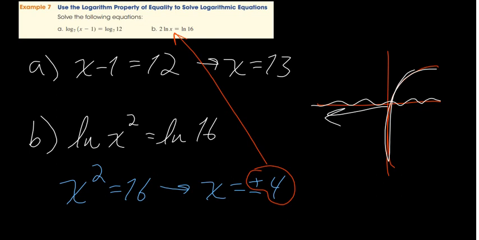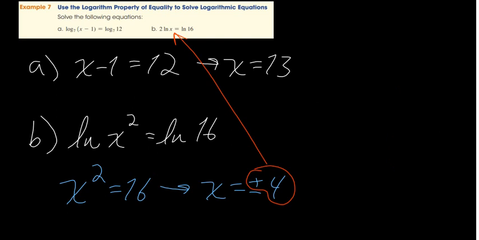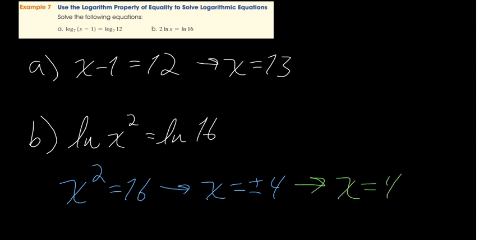So we know that the domain of our logarithms cannot be a negative number. Therefore, -4 will not be a solution. Let's put a little green arrow, and we'll say x is equal to 4. We'll mark out the negative here.